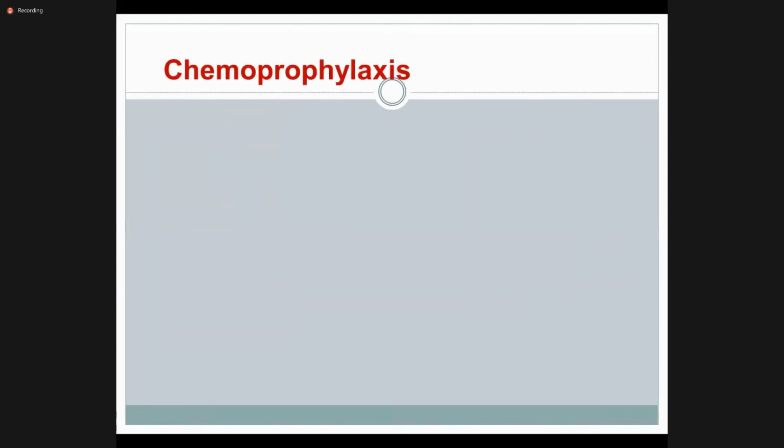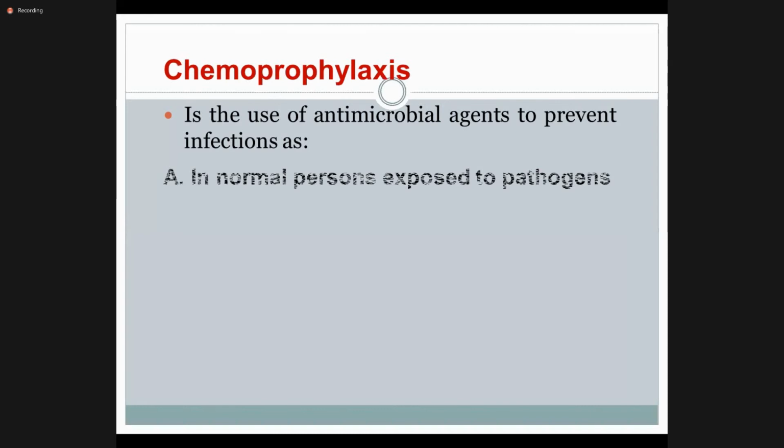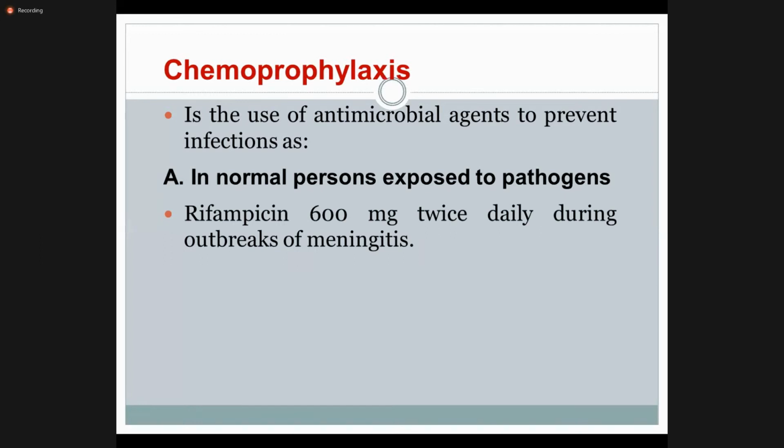This is another very important term, and as a student, you must know this term, right? Chemoprophylaxis. First, we must know this concept. Generally, we use antibiotics when there is a suspected infection, right?